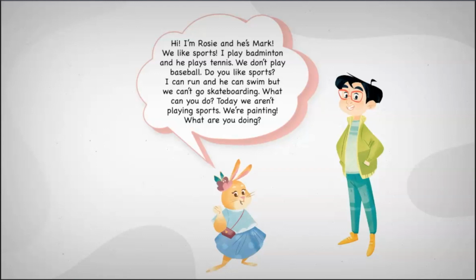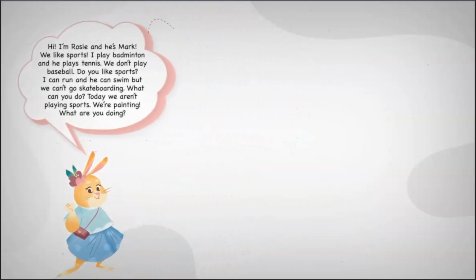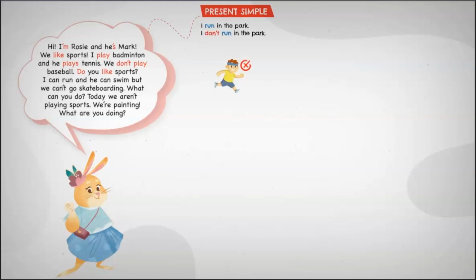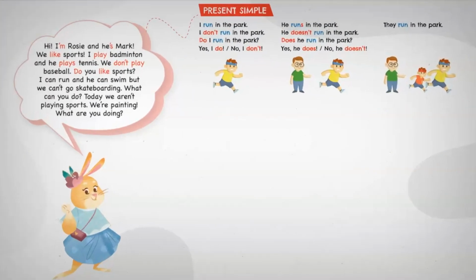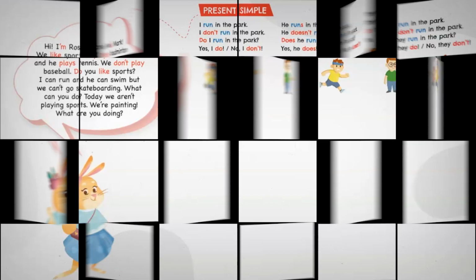We're painting. What are you doing? Present simple. I run in the park. I don't run in the park. They don't run in the park. Do they run in the park? Yes, they do. No, they don't.